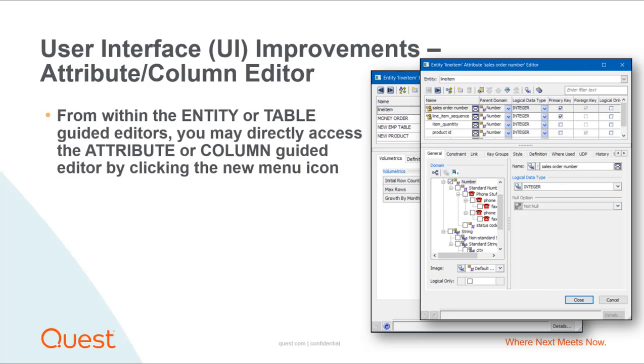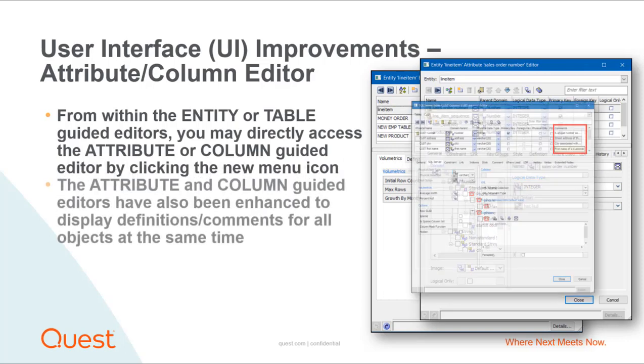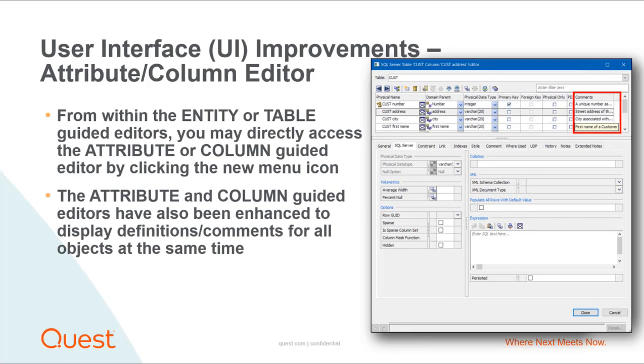Additionally, the attribute and column editors now show definitions and comments for all attributes and columns in the upper portion of the dialog. Hovering over any of the displayed properties results in the display of the complete associated property, as in the example shown here.